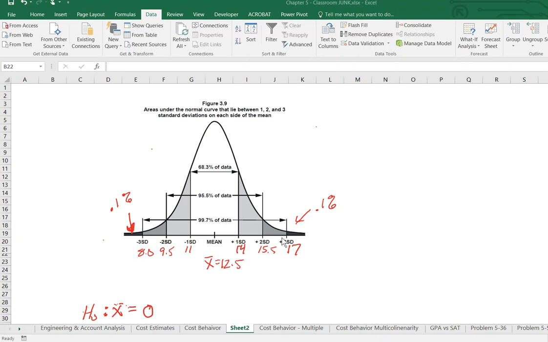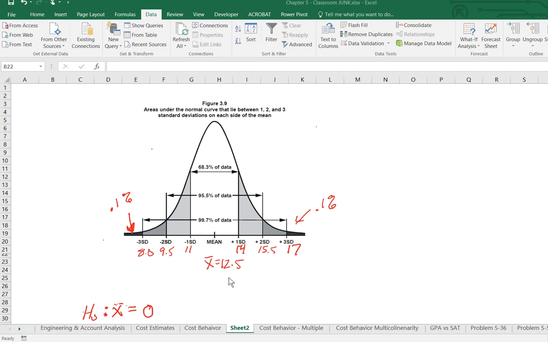If we go out 3 standard deviations, we've basically captured 99.7, almost all of our data. There's still a little bit of data way out here in the tails, basically 0.15 on each side, but basically we can feel pretty certain that if we're out here in the tails, that our null hypothesis, which is that our slope coefficient really is 0, is false.